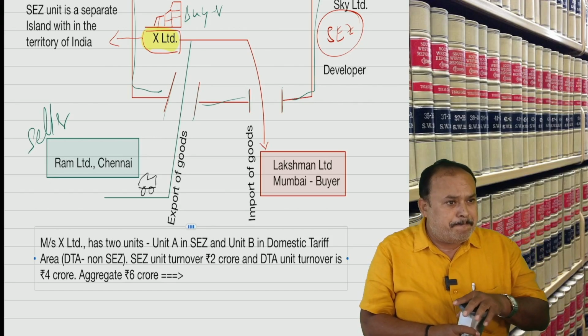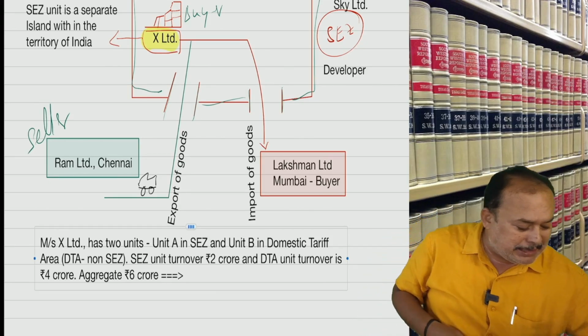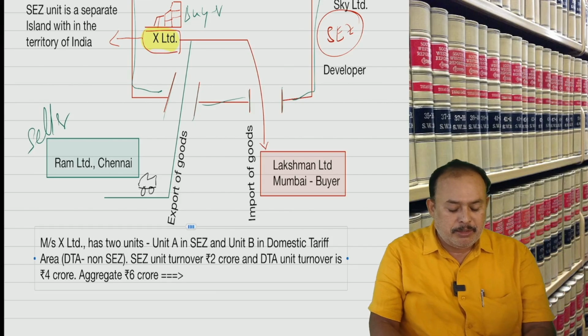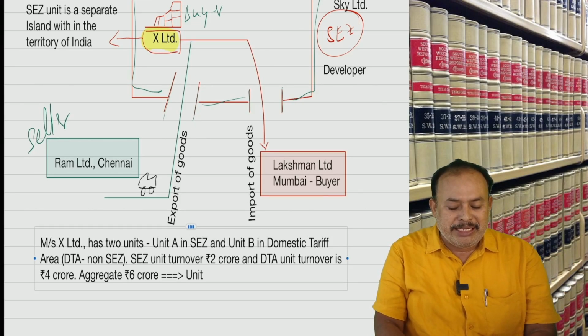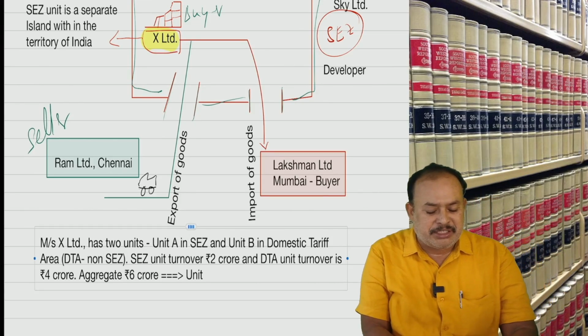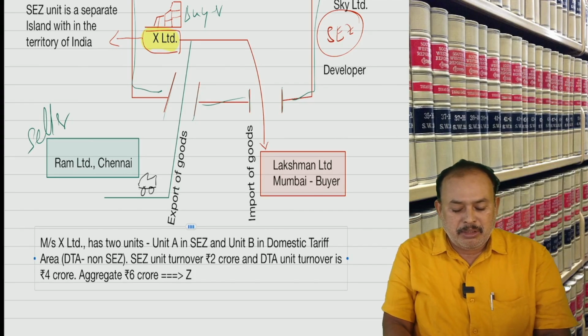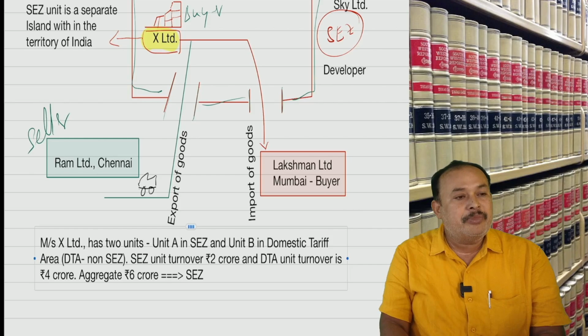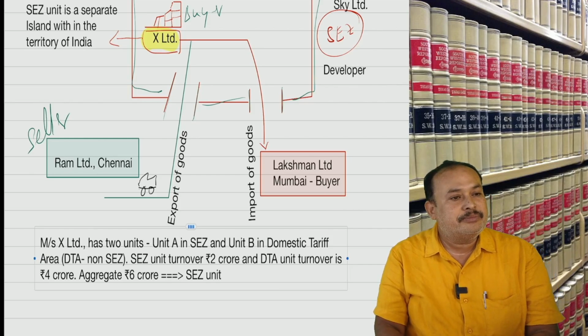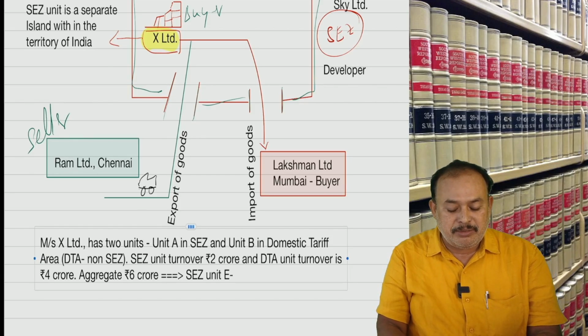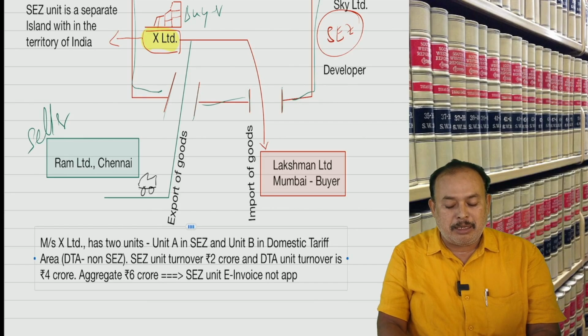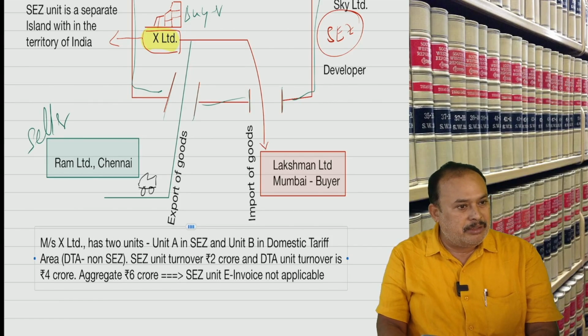Got the clarity? So I will present here by saying that unit A, listen first, listen, SEZ unit, E-Invoice not applicable. Is it clear?